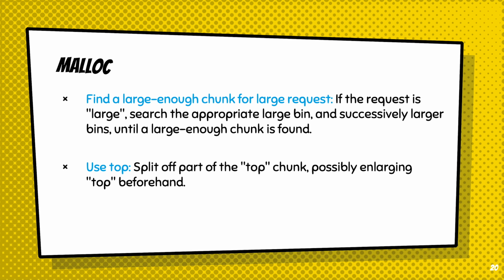Remember that large bins hold chunks within a range of sizes. So it goes through those bins and finds a large enough chunk, so that we can cut it into a smaller part and use that to fit the request of the current large malloc.